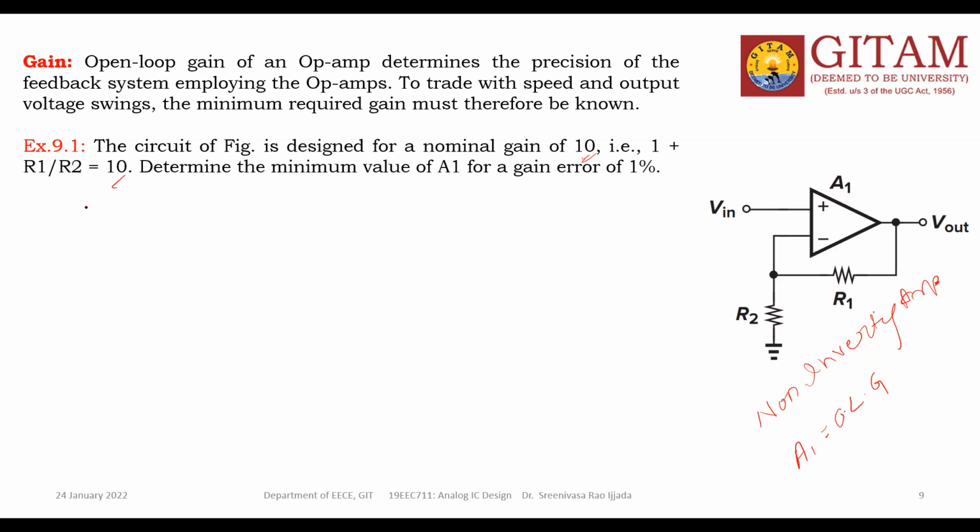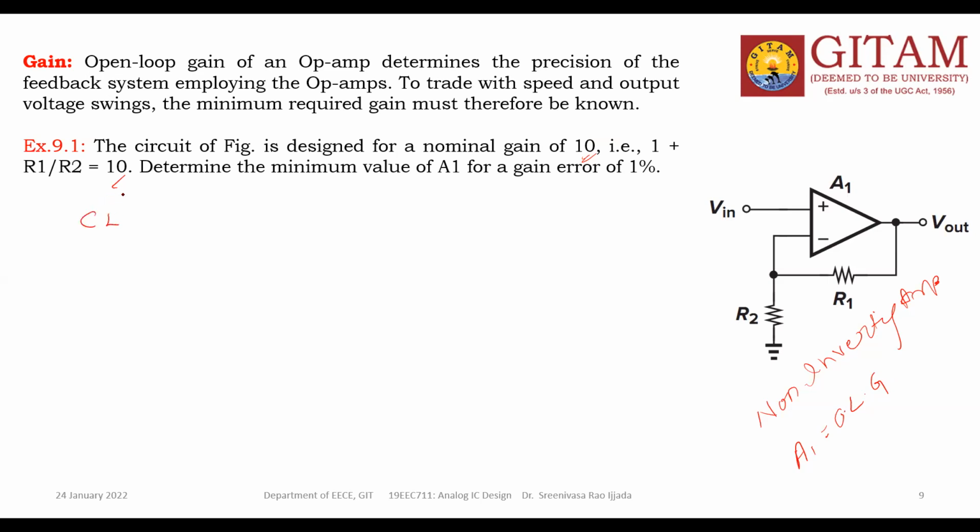Because it is a non-inverting amplifier, you know, it is a basic thing, so I don't want to share the analysis. I will just write the transfer function, the closed loop gain.